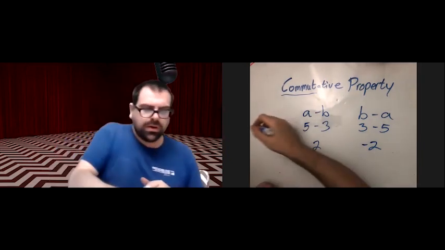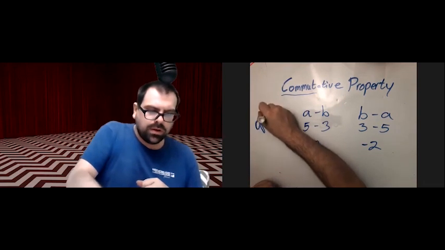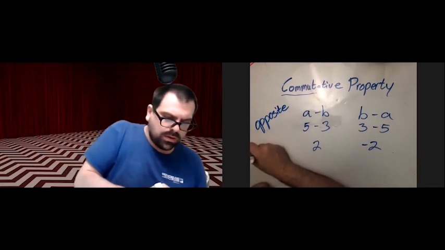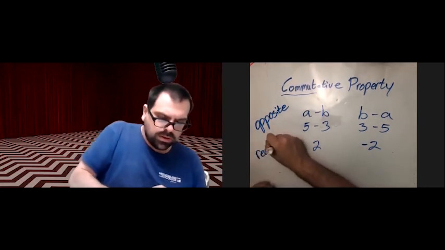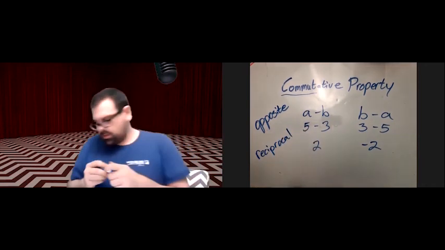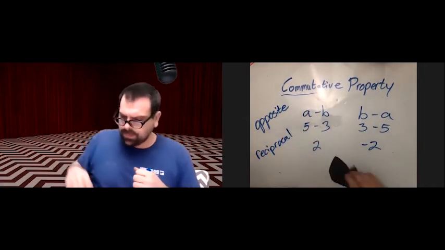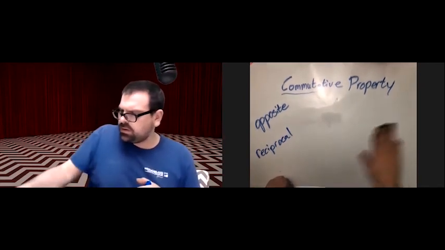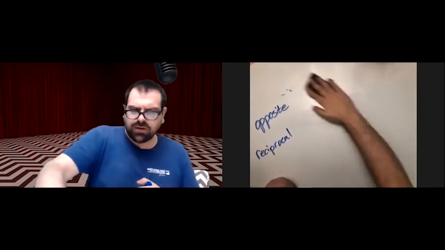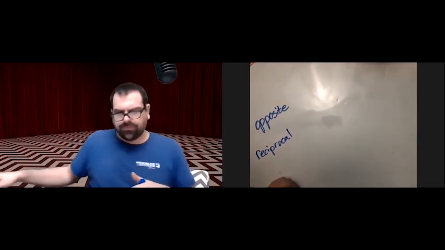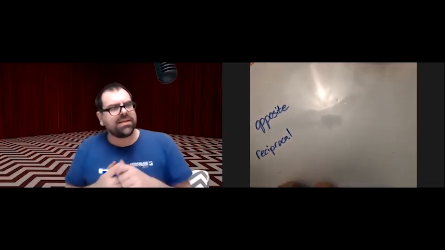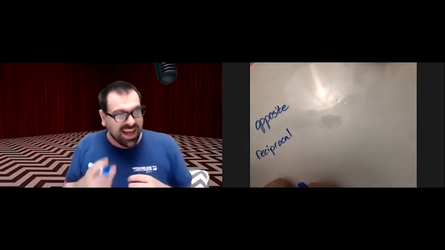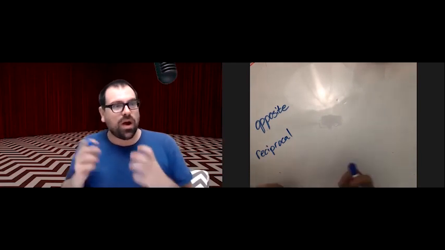So up until now, let's move away from the commutative property. We've used these words, opposite and reciprocal. There are fancier words for these that have to do with their properties.